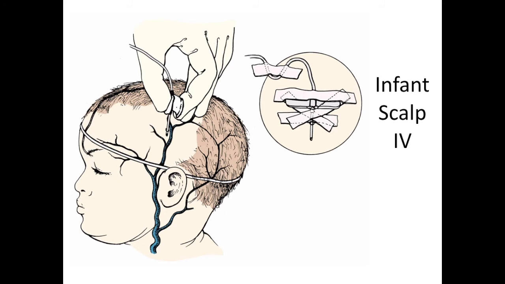We can't see it. We can barely feel it, and so you want to know where are those veins that I can access. And in the little babies, we actually can access the scalp veins. We just use a rubber band around their head to help that vein stand up. But sometimes this is the only place we can get.